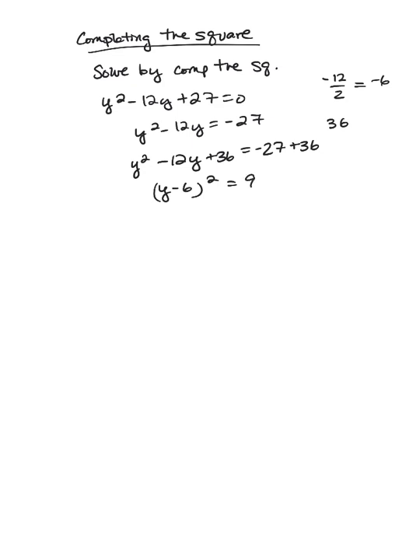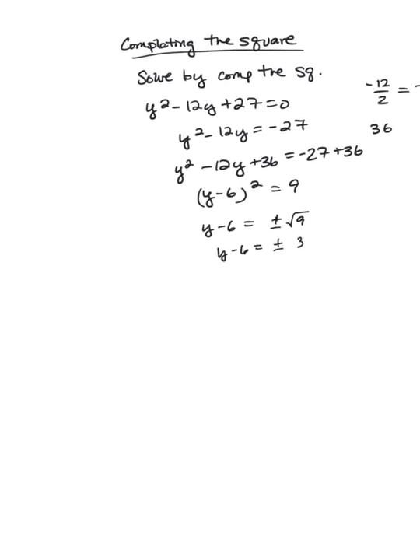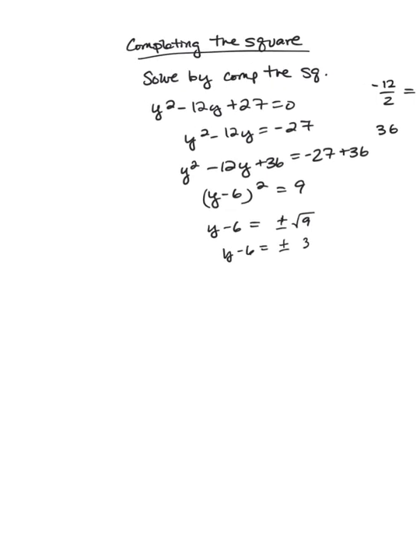So now what you do is you take the square root of both sides, right? But this would be plus or minus the square root of 9. So you get y minus 6 equals plus or minus the square root of 9. Y minus 6 equals plus or minus 3. And then, okay, hold on. My hand just moved this.